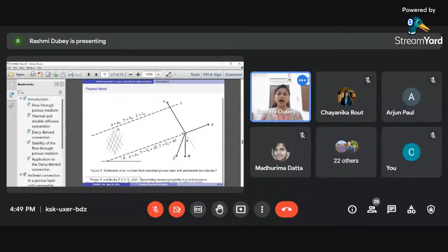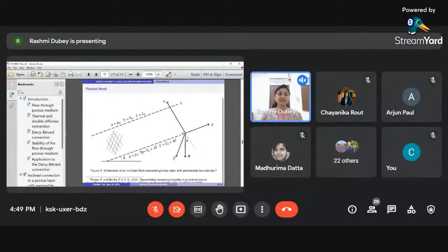Not only that, the two boundaries used across the layer are permeable boundaries, meaning the pressure at the two boundaries is constant, and both are isothermal as well as isosolutal boundaries, meaning the temperature and the concentration at both boundaries are constant.